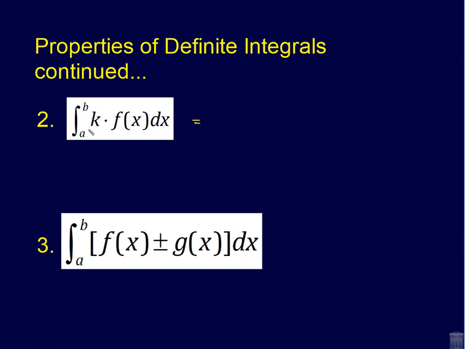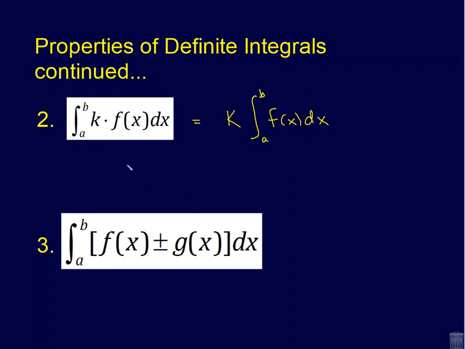So if you think about going back to our Riemann sums and our rectangular sums, that would make all the rectangles k times taller, which means their areas will be that many times bigger. And so essentially what this is saying is I can bring the constant out if I wanted and find the value of the integral of f of x. If I happen to know that, it's easier to do, and then just multiply the answer at the end.